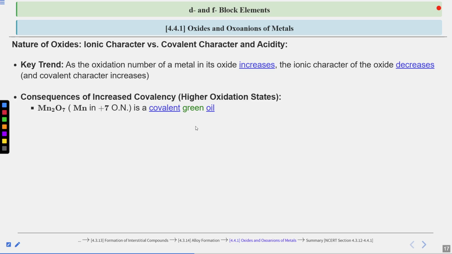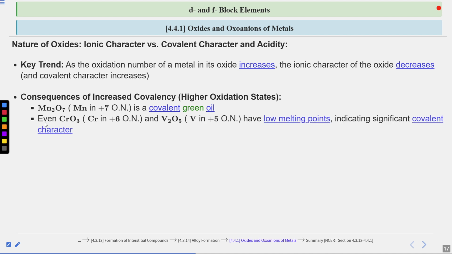Even chromium oxide, where chromium is in +6 oxidation number, and vanadium oxide, where vanadium is in +5 oxidation number, have low melting points, indicating significant covalent character.